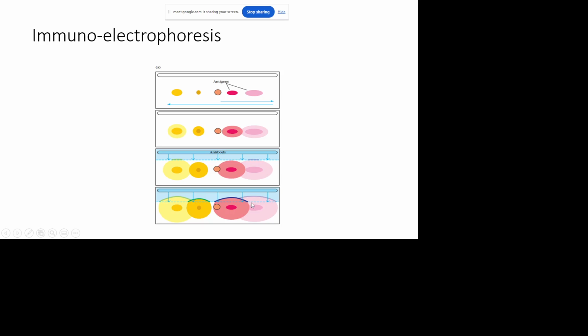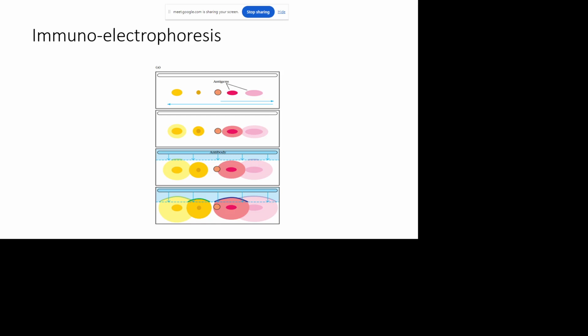So that's how we can measure the concentration of the antigen of each protein of this antigenic sample, right? By first electrophoresis and then immunodiffusion by adding antibody. So that's how immunoelectrophoresis works to measure concentration. It is useful when your antigenic sample has more than one protein. It is a mixture of proteins.